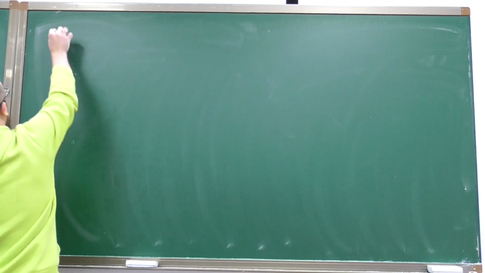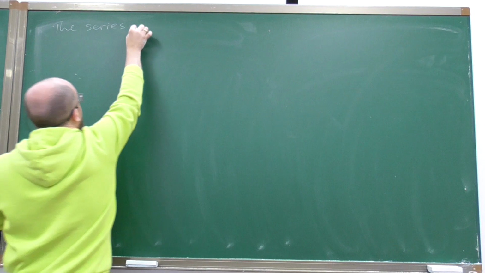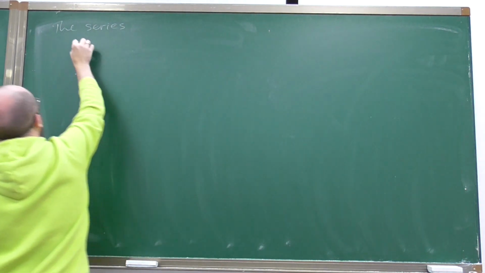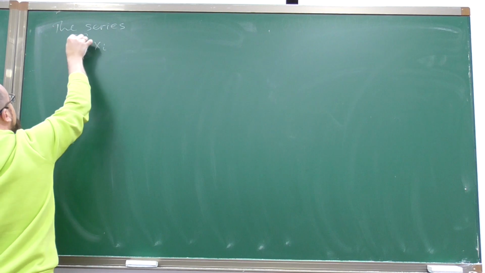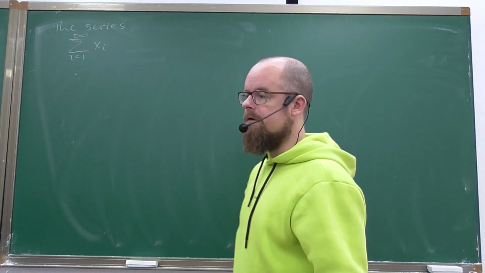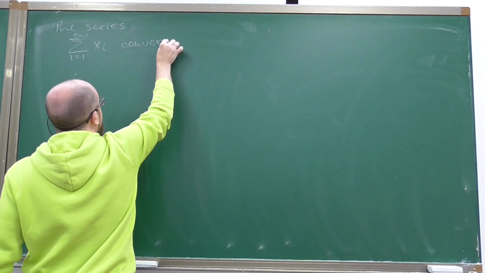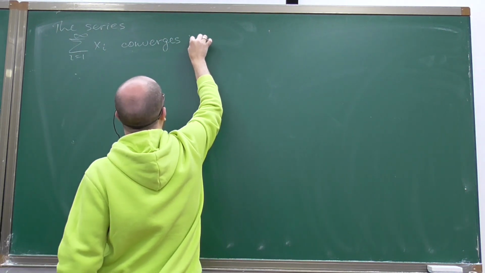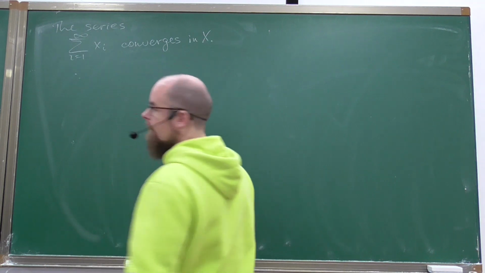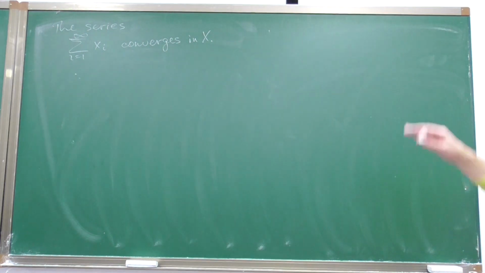So we conclude that the series of elements xi converges in X. But we have assumed that X is a Banach space, so this series converges to an element of X.